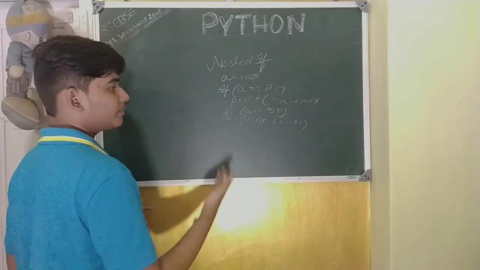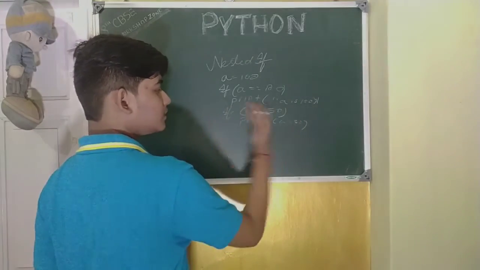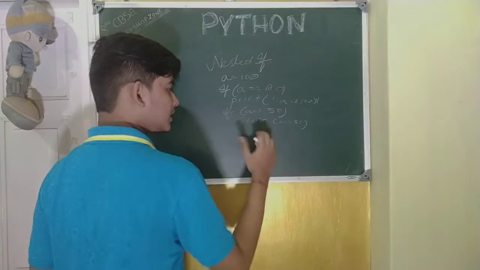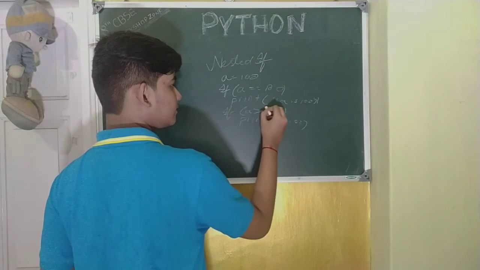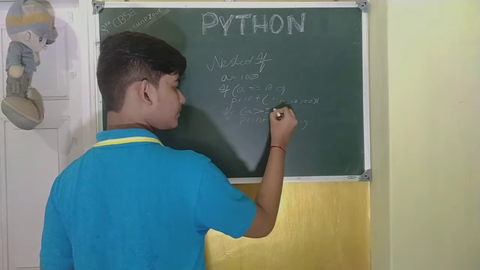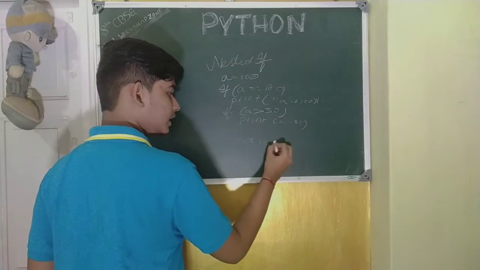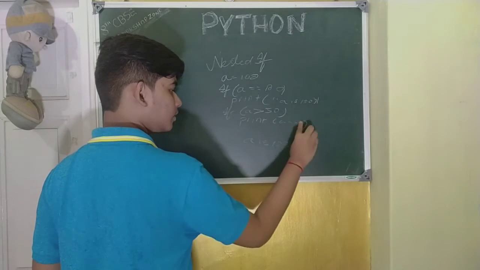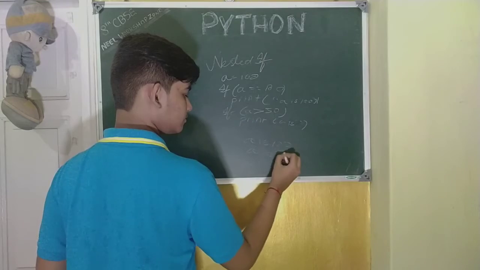So for example, here you have written A is equal to 100, and so the first one is true. But the second one, if you write something like A is greater than 50, this means the output will be A is 100 or A is greater.